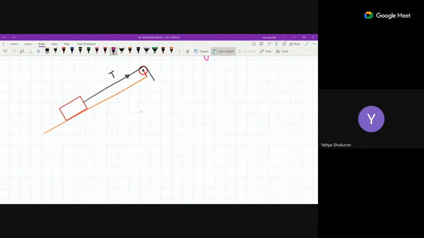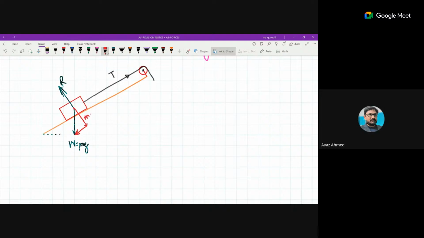Yes. Okay, so the weight of this block will be exactly downward, isn't it? And there will be a normal reaction force in this direction. This is the normal reaction force. And what about the components of the weight? The weight is resolved into two components.